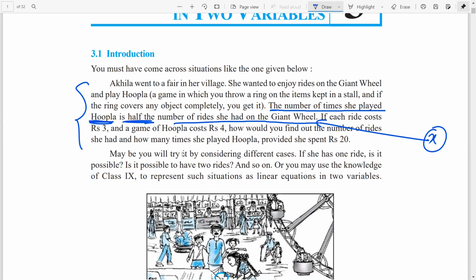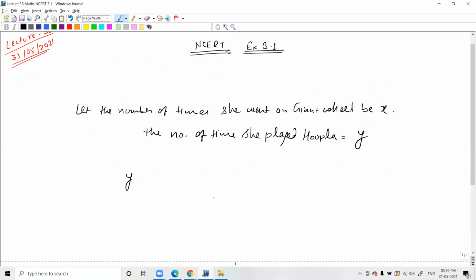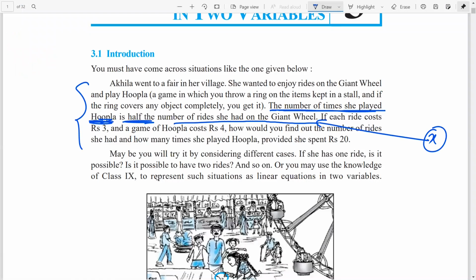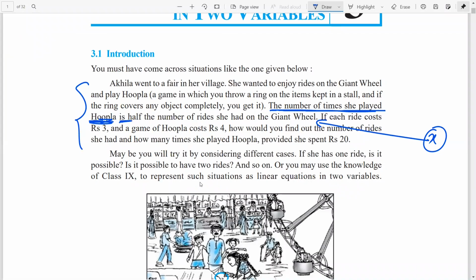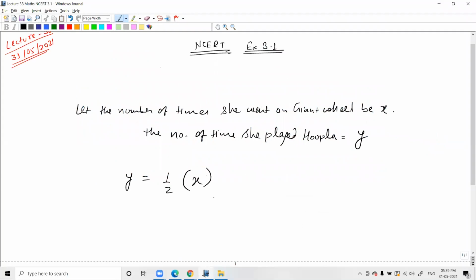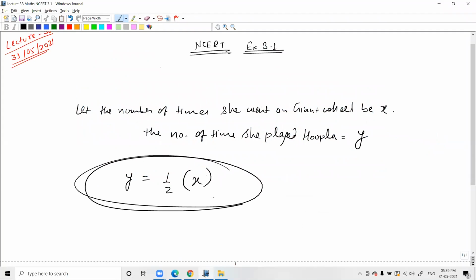What are they saying? The number of times she played hoopla. How many times did she play hoopla? Y. So this Y is what? Half the number of times. Half of what? The number of times she went on the giant wheel. So it is half of X. Does it make sense? Tell me.